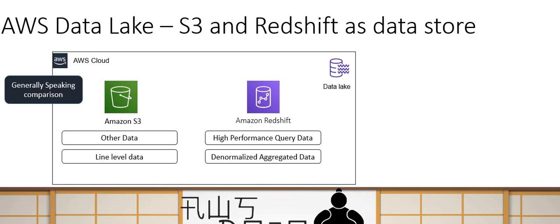Another scenario is that you can have your denormalized aggregated data in Redshift. But the line level data, the data on which this denormalized aggregation has been created, you keep inside Amazon S3. So you keep the lowest form of the data in S3, but you keep the aggregated form of the data in Redshift.